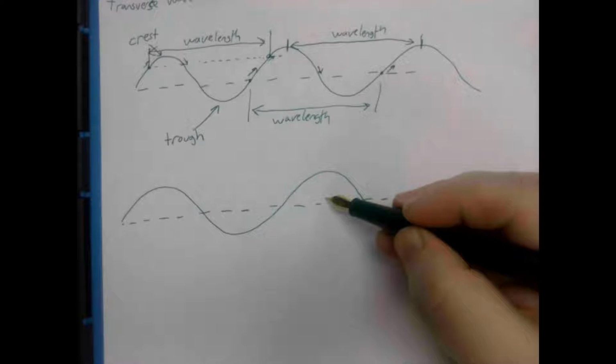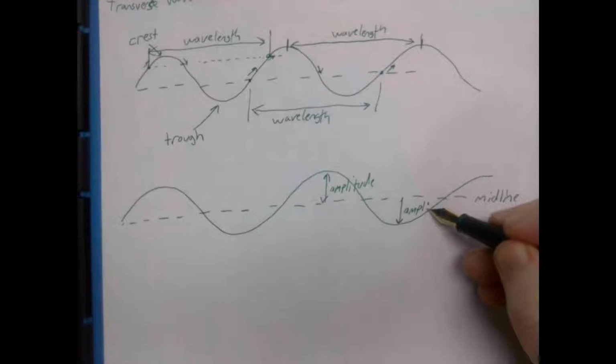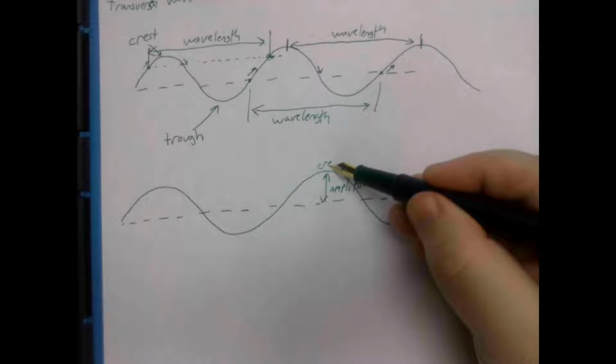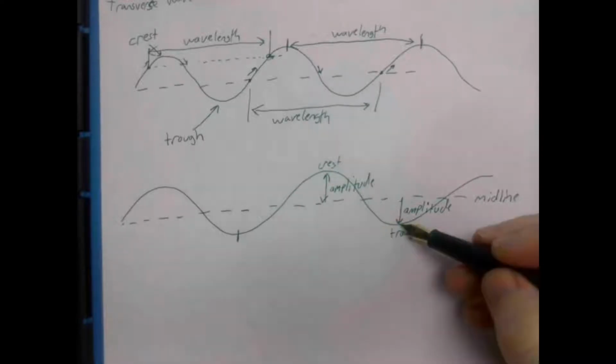And equivalently from the midline down to a trough is also amplitude. So again, to a crest or down to a trough. And the distance between two troughs is also a wavelength.